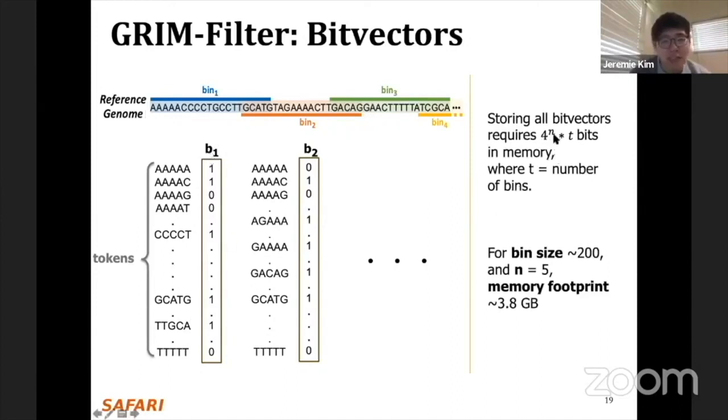So this equation is 4^n times t, because there's 4 different nucleotides, n is the token size, and t would be the number of bins. And so for a bin size of around 200 and a token size of 5, the memory footprint is around 3.8 gigabytes, which is reasonable for modern memory sizes. So it can completely fit within these memory constraints.